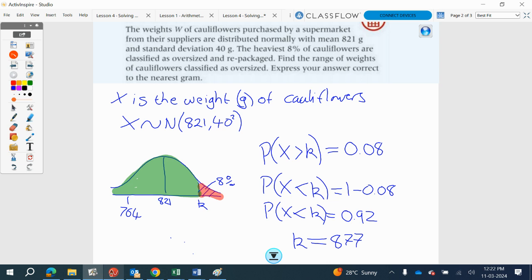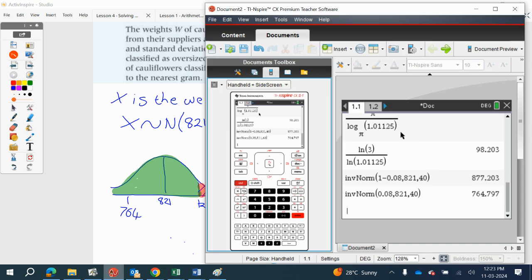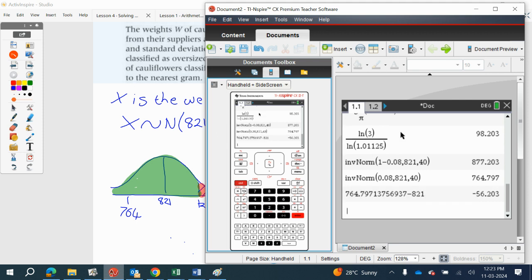We want 877. In fact, what you should see is that these two values are both the same distance from 821, because this is a symmetrical diagram. Let me show you that calculation. If I take this number here and subtract 821, I get 56 units off.